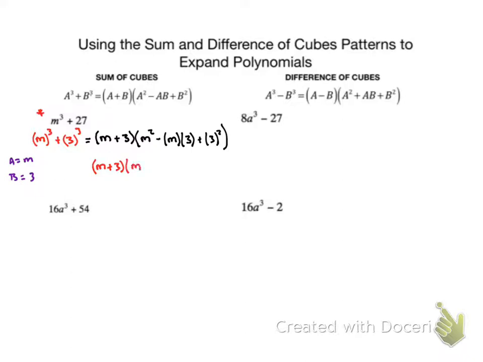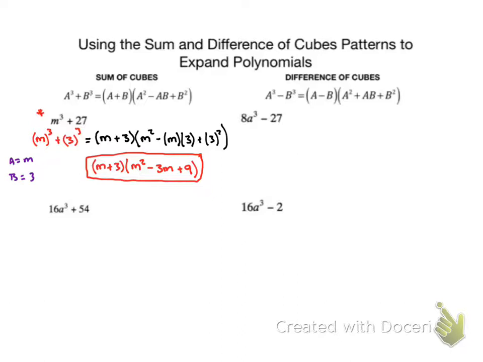M squared, there's nothing to simplify here. M times 3 gives us 3m, so that's minus 3m. And then 3 squared gives us 9. So now if we look, there's nothing else left for us to simplify. And that would be our final solution for the sum of cubes.